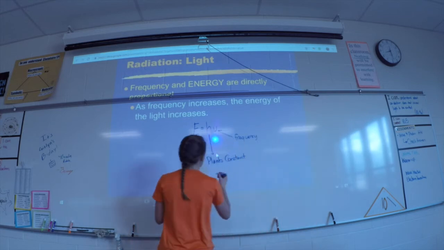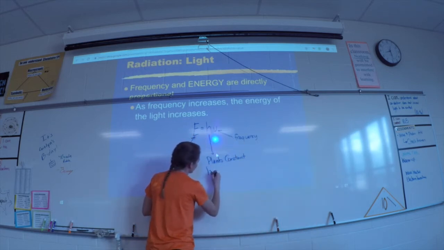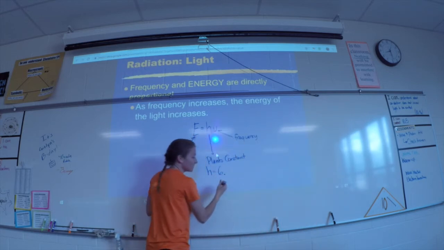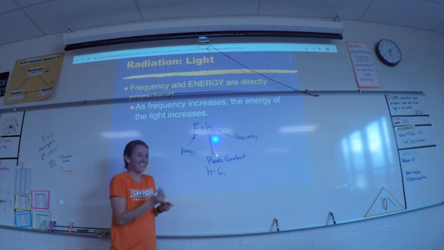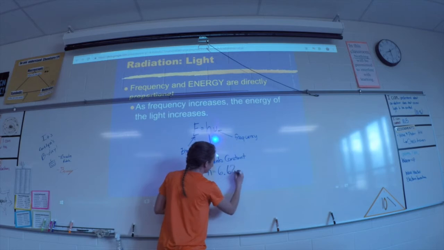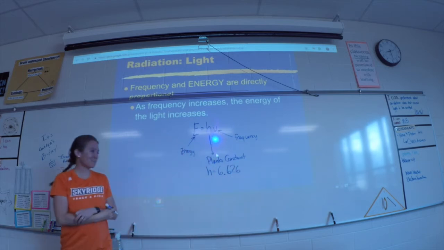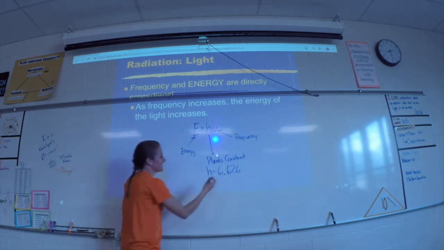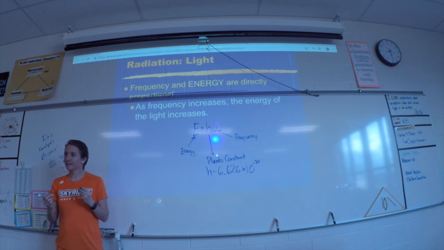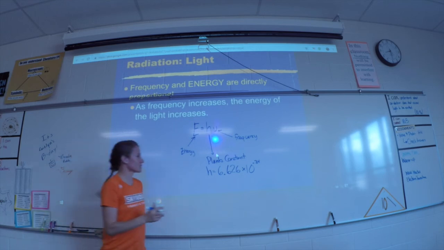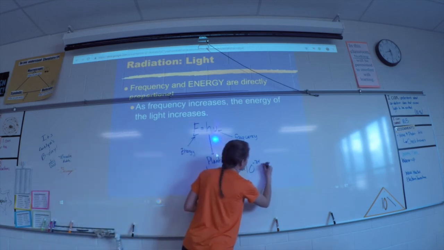So the value for h will always equal, why can't it be something easy? It's 6.626 times 10 to the negative 34. Very, very small number.